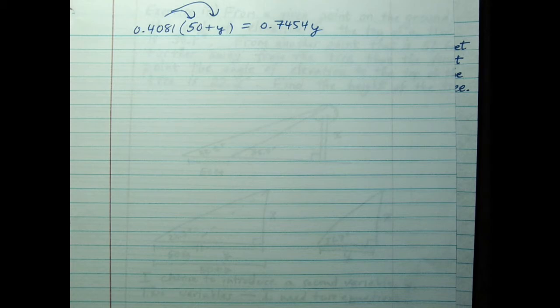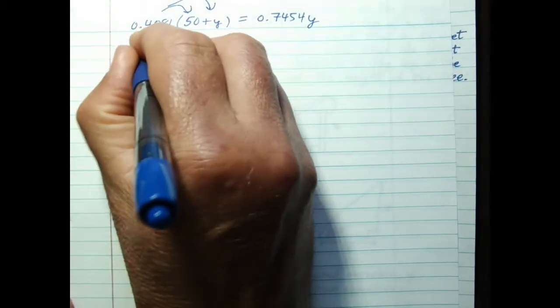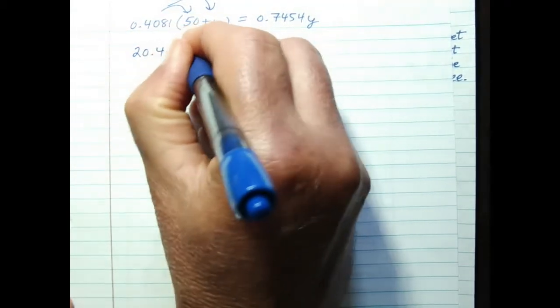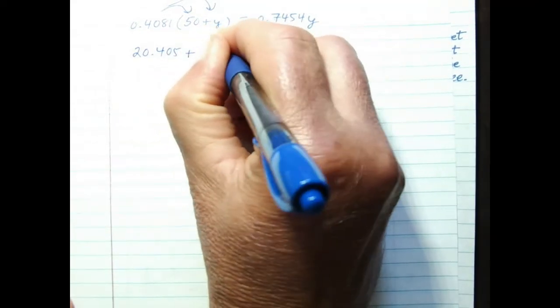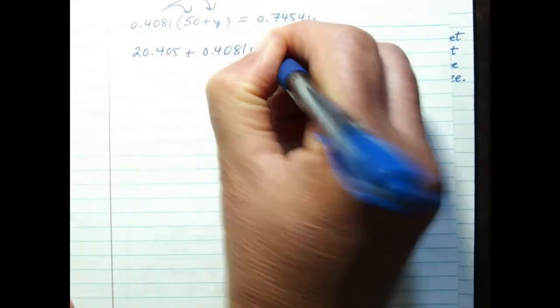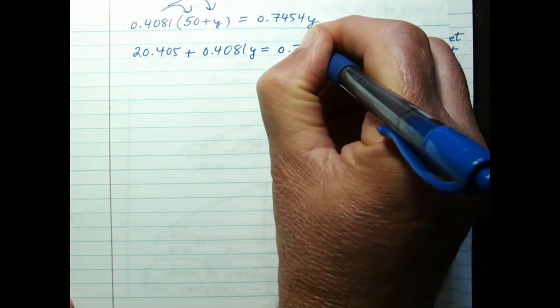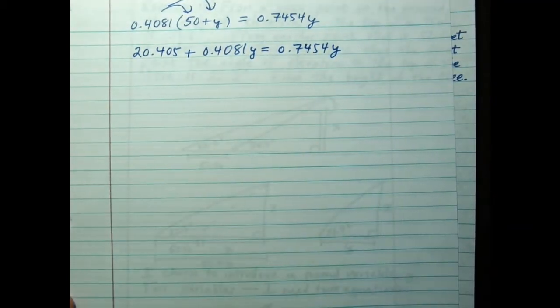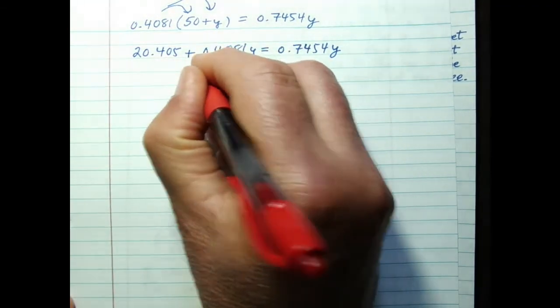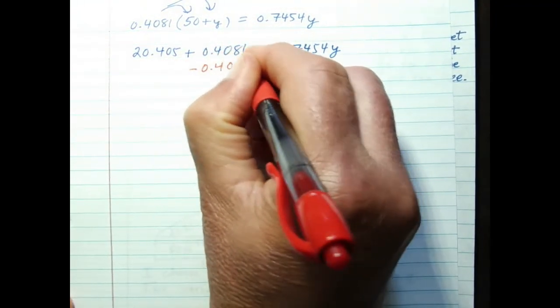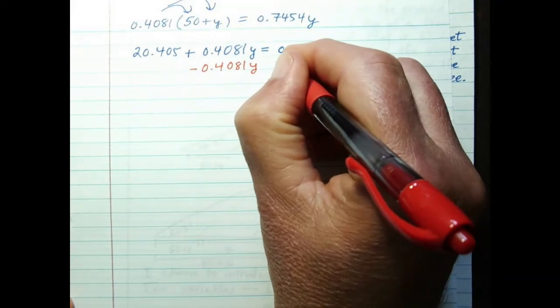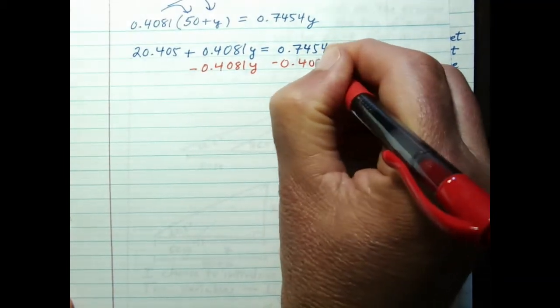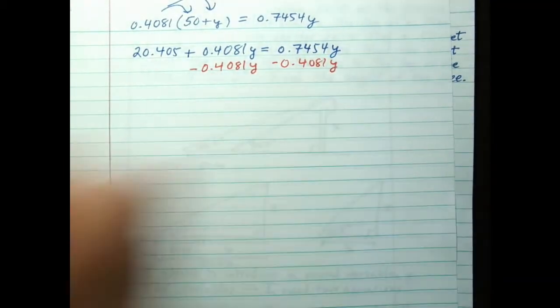That's going to be 20.405 plus 0.4081y equals 0.7454y. And now I can subtract 0.4081y from both sides, right?